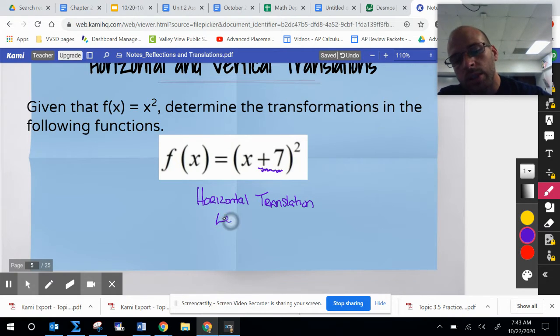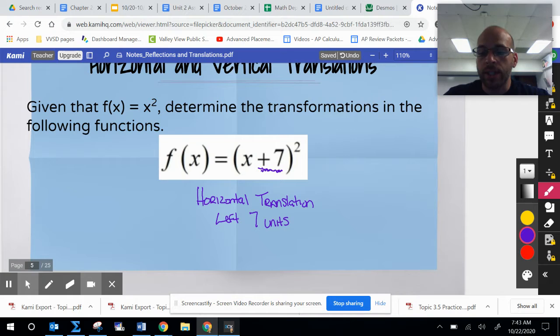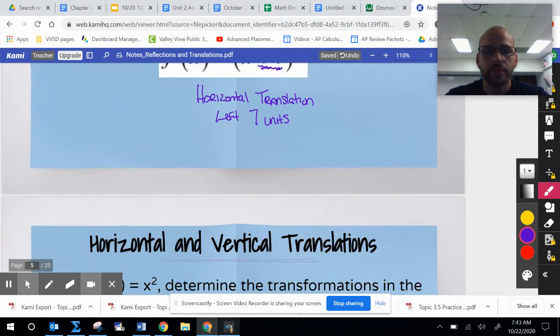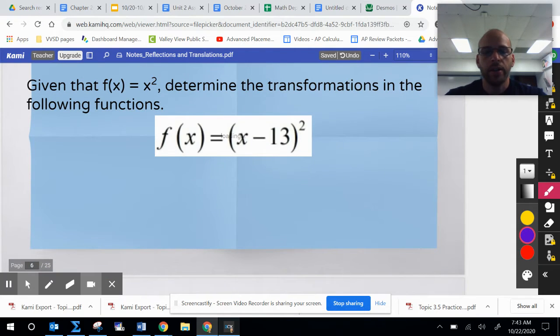So it's going to actually go to the left 7 units. Okay. So again, it was a horizontal translation because it was inside the parentheses. And then it was left because anytime you add something inside the parentheses, it will always shift left that number of units.